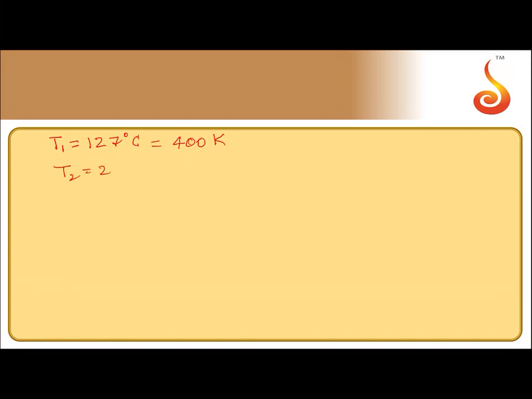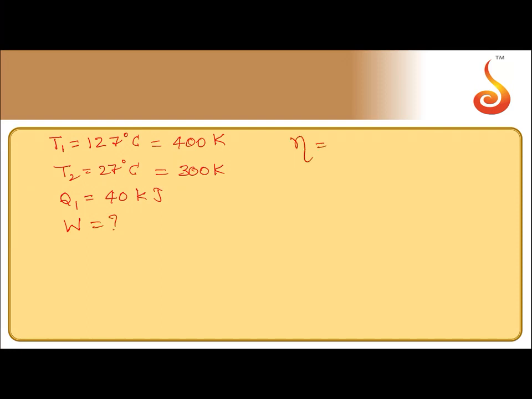T2 is given 27 degrees Celsius, that means 300 Kelvin. Don't forget to convert it to Kelvin, otherwise formula will be wrong. So heat supplied per cycle is 40 kilojoule. So work output we have to calculate.